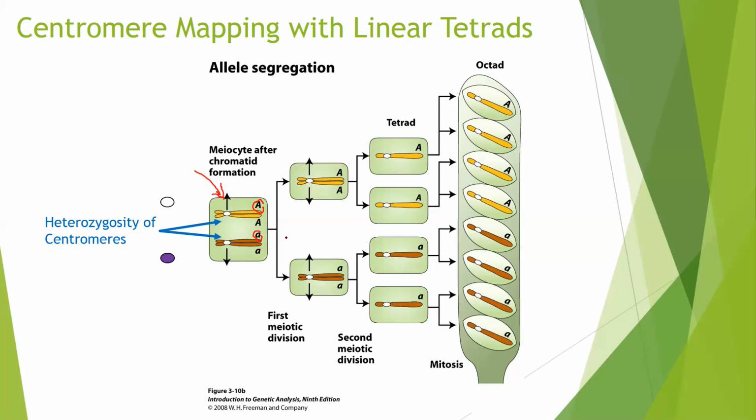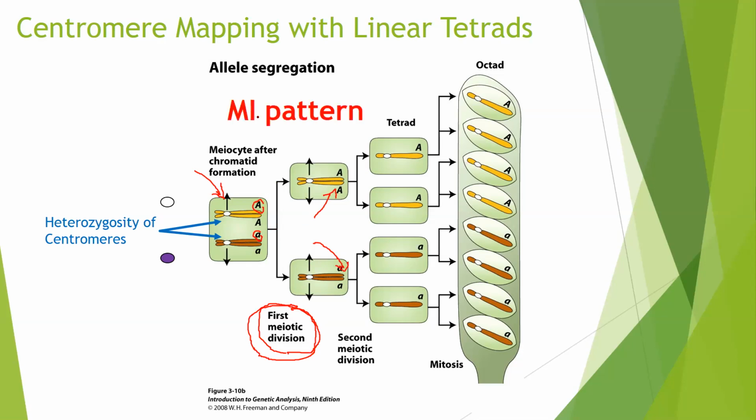Now, if there's no crossing over, these two alleles are going to separate in the first meiotic division. Let me repeat this, it is very important. If there's no crossing over between these two chromosomes, then these two alleles, big A and small a, are going to separate in the first meiotic division. Do you agree? Big A goes to one cell and little a goes to the other cell. So they segregate.